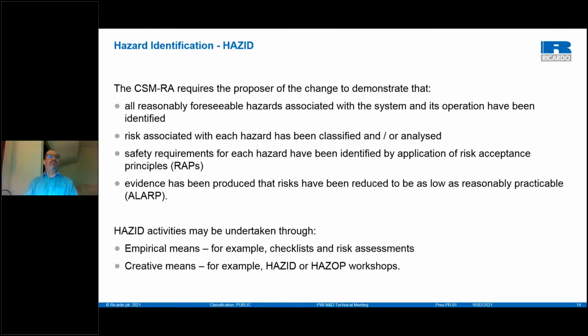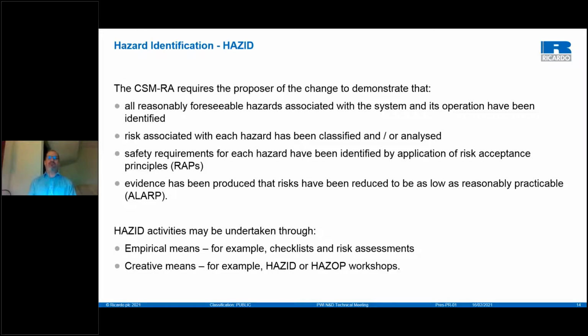Next phase: having defined your boundary and the plan for the risk management activities that you'll be undertaking, you will be required to identify all reasonably foreseeable hazards. And you then will need to understand the risk that's associated with each hazard by classification and analysis.